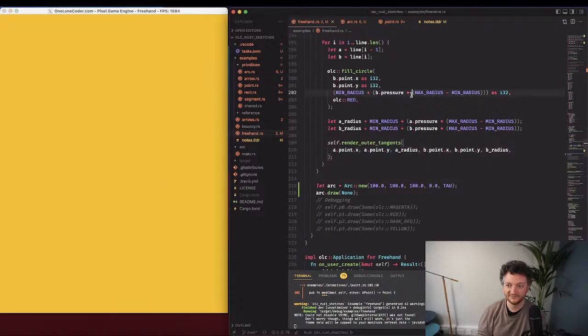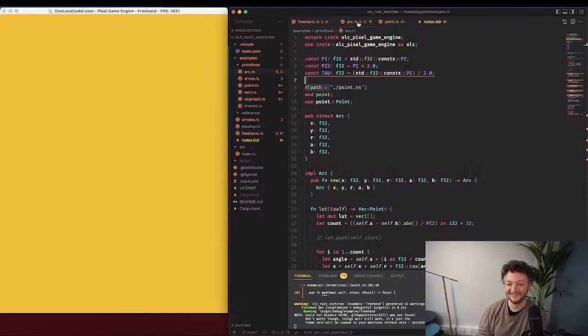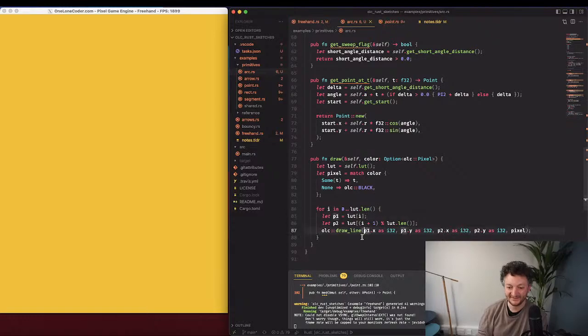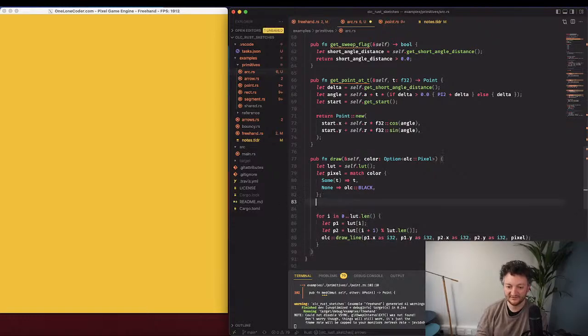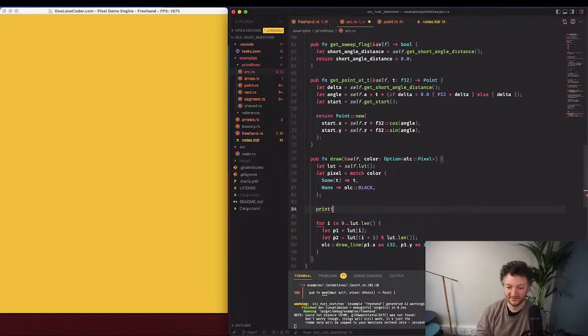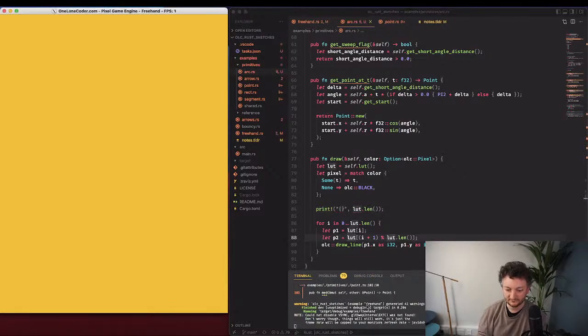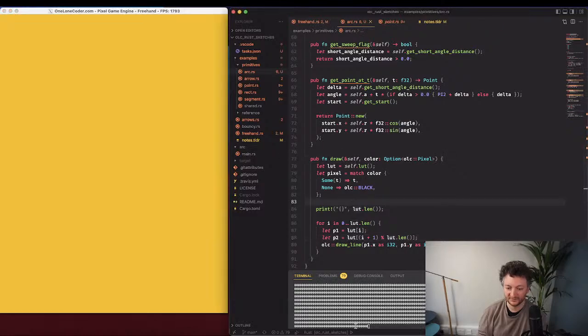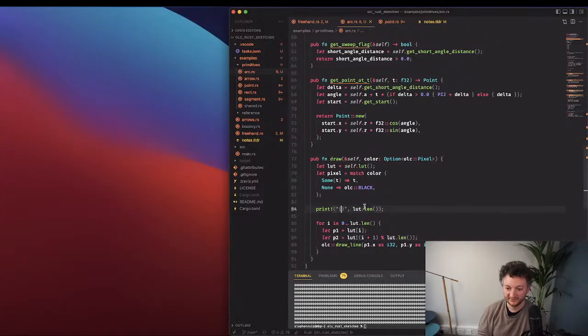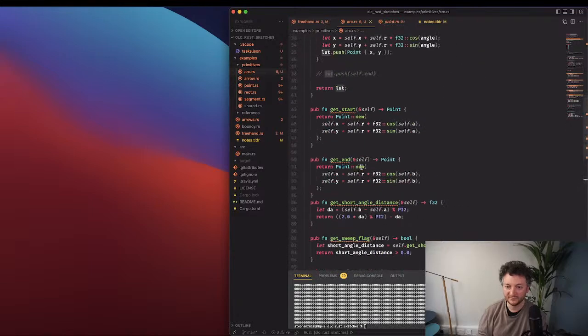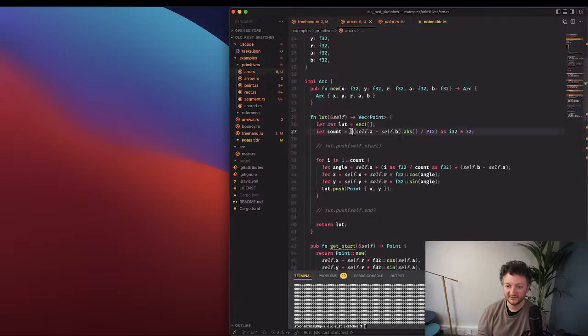Well, I don't see anything. Let's find out why that is. So let's say where my lookup, that length. Okay, so there's nothing in the lookup table. So let me do this. Actually, this is going to be distance. Yeah.